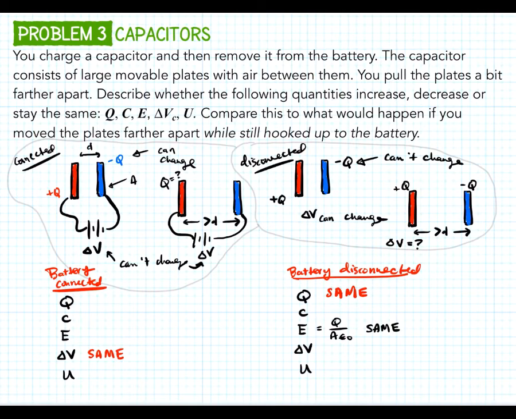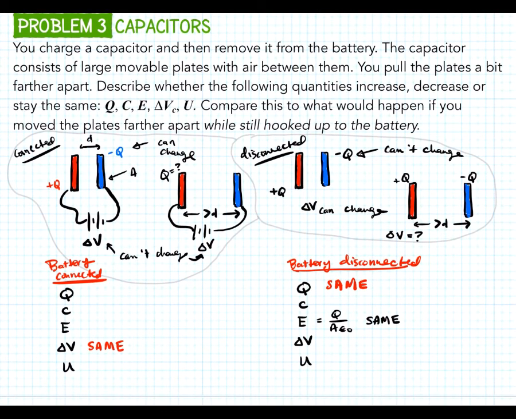All right. What about the capacitance? Well, the capacitance for a parallel plate capacitor, we already calculated. That depends on the geometry, and that depends on epsilon or epsilon naught. So we know this is epsilon naught, or just epsilon, depending on the material, A over d. Well, epsilon and A haven't changed, but d has. d got bigger.